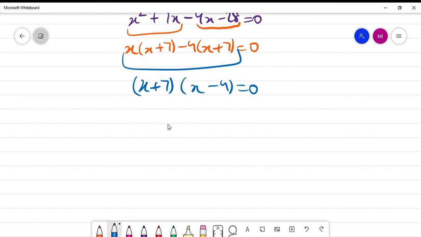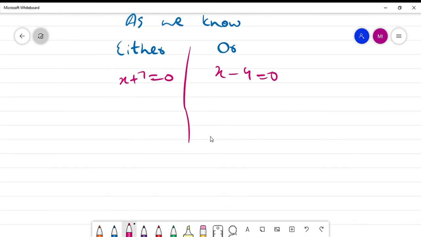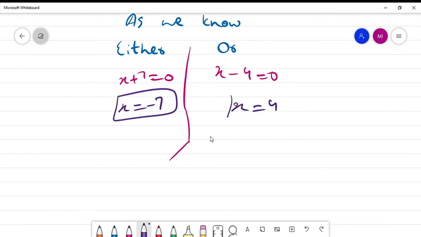As we know, one of them is 0, but we don't know which one, so we're going to say either x plus 7 is equal to 0, or x minus 4 is equal to 0. So x is equal to negative 7, and x is equal to 4.